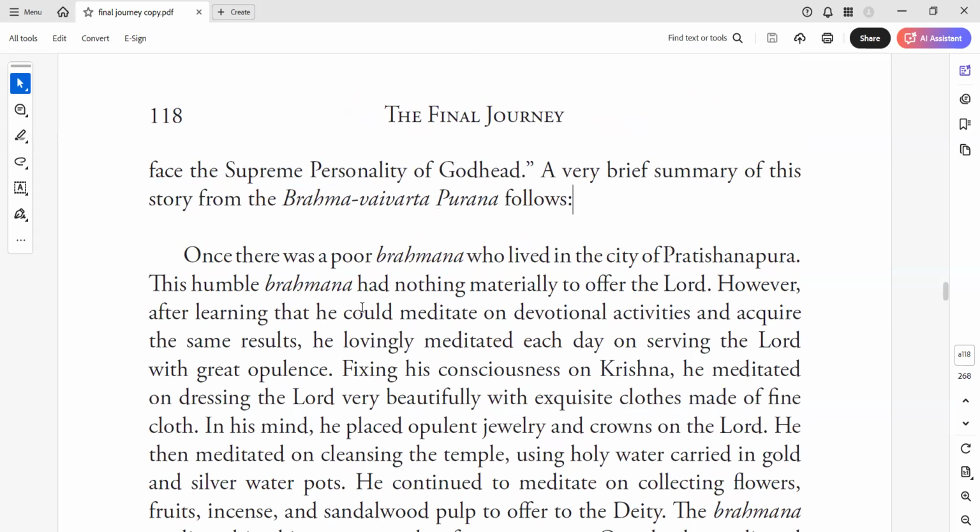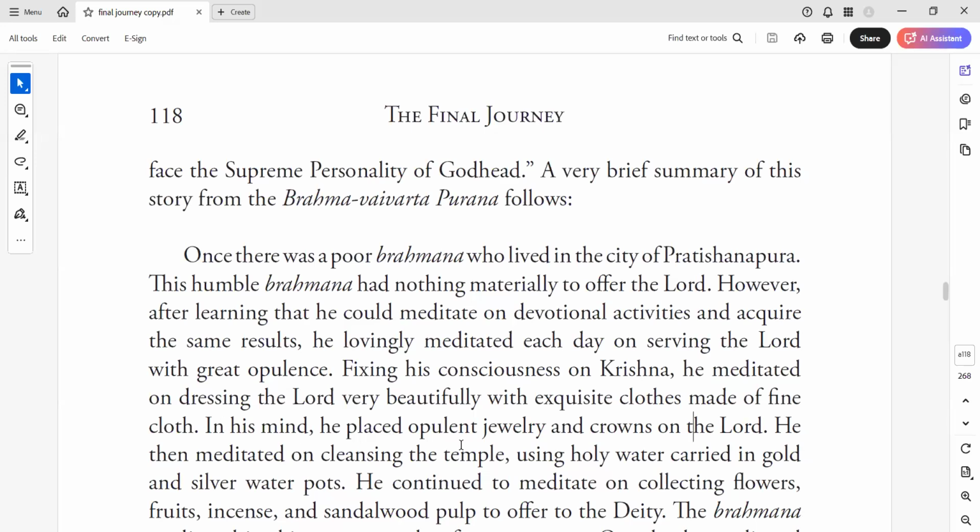This humble Brahmana had nothing material to offer the Lord. However, after learning that he could meditate on devotional activities and acquire the same results, he lovingly meditated each day on serving the Lord with great opulence. Fixing his consciousness on Krishna, he meditated on dressing the Lord very beautifully with exquisite clothes made of fine cloth.